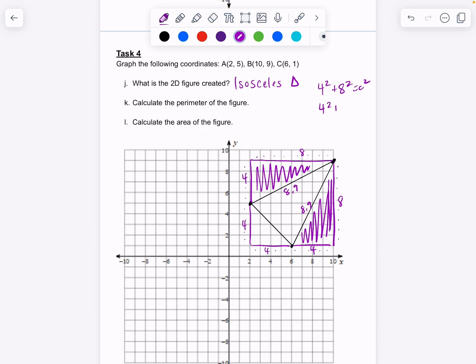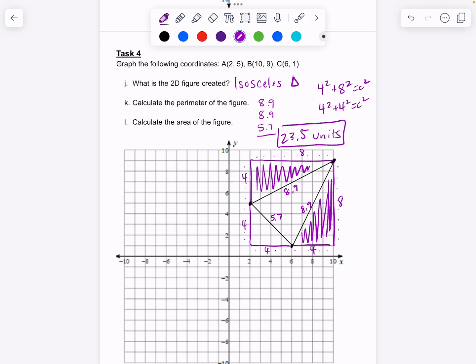And then 4 squared plus 4 squared would give me the bottom, which would give me a length of 5.7. So to find the perimeter, I would just do 8.9 plus 8.9 plus 5.7, and that would give me 23.5 units.